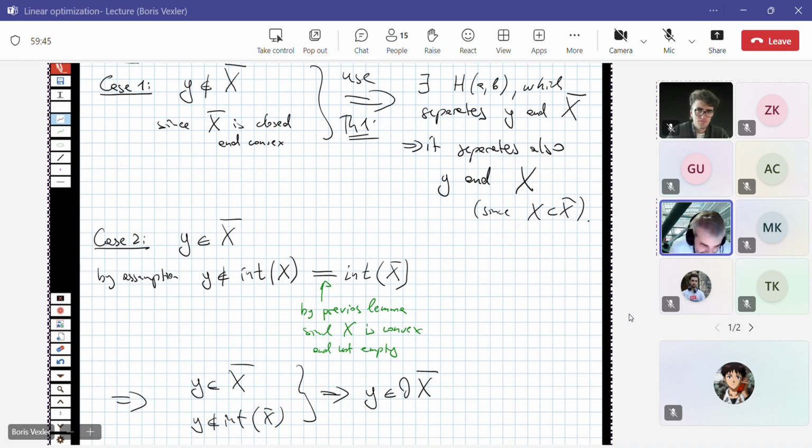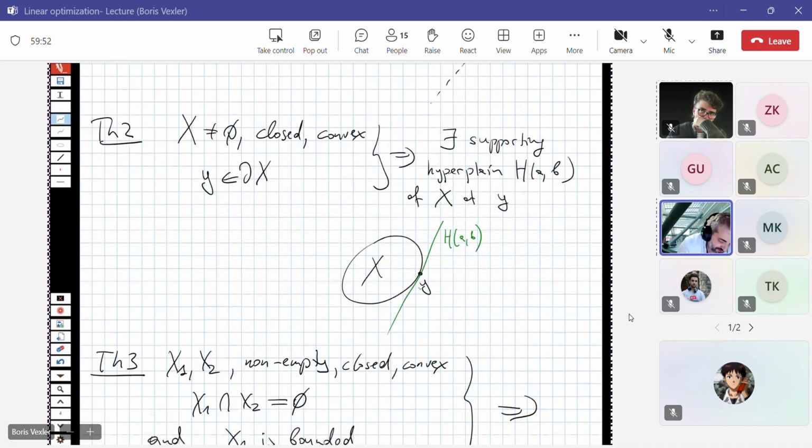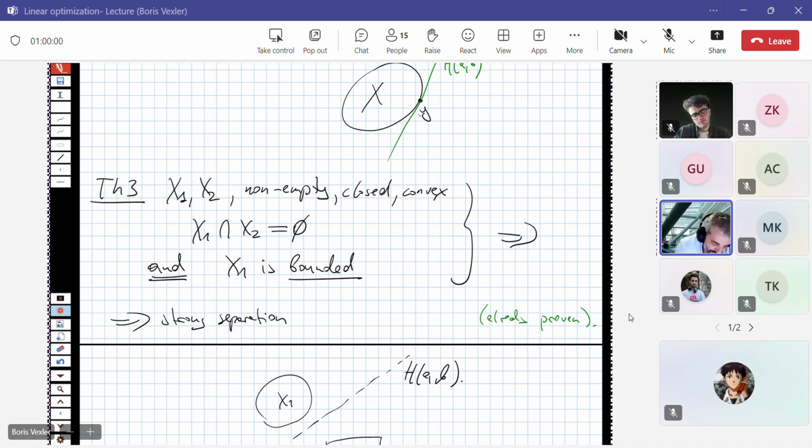Yeah. Okay. Now we can apply our theorem 2. What was theorem 2? Theorem 2 was exactly this situation. They have a closed convex set, now X bar, which is closed, and an element which is in the boundary of it.